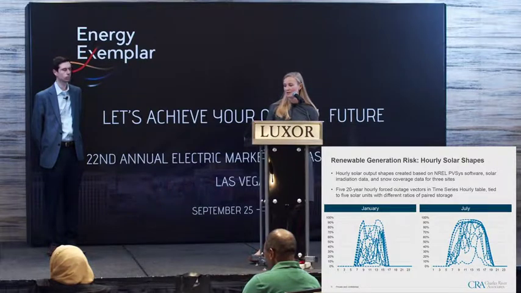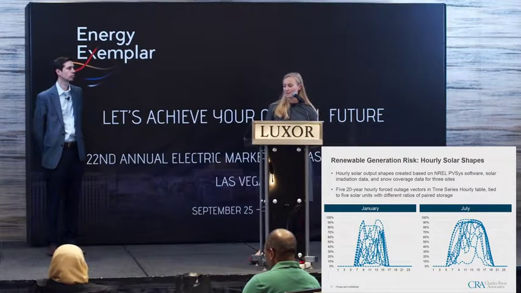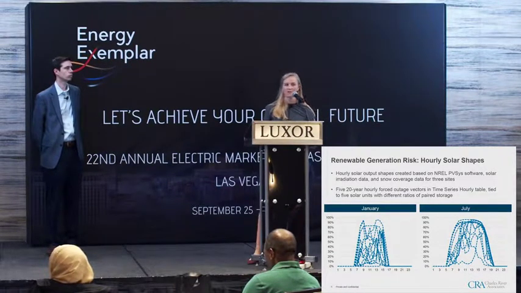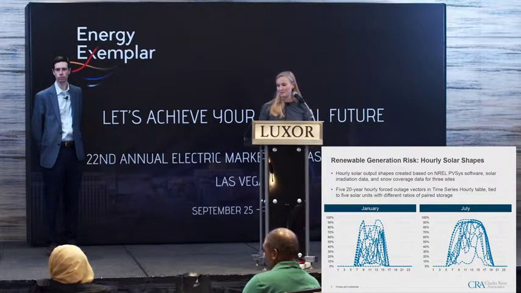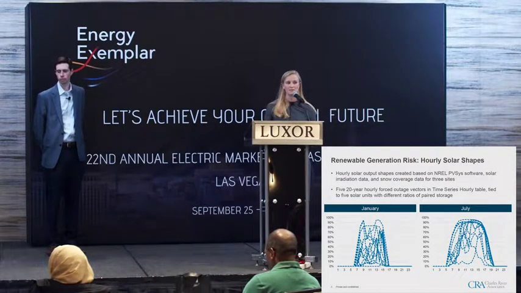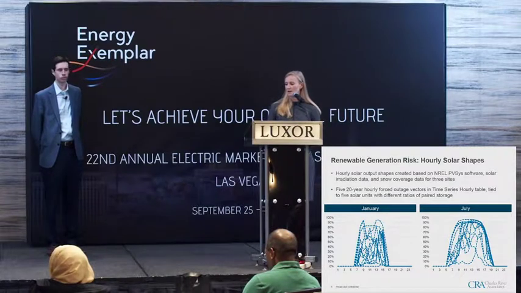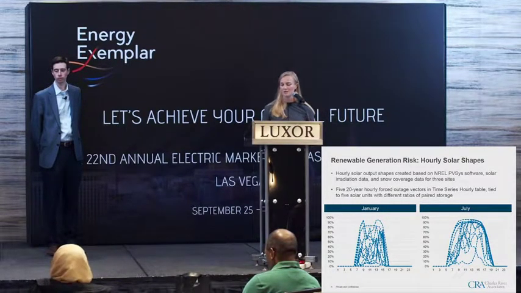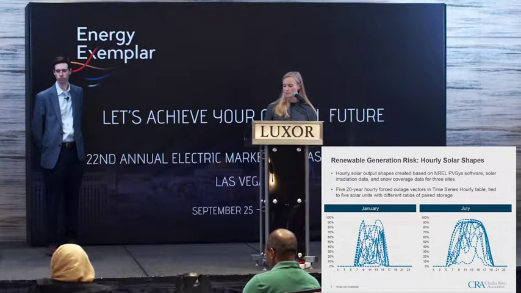And you can see here that we're getting into the risk of maybe some snow coverage. It looks like there's a day in January where there's basically no solar output, maybe 1 hour. July is a little bit more consistent, but there's still some days where there's cloud coverage and that sort of thing impacting solar output. So it's not quite a smooth shape. There's some randomness there.